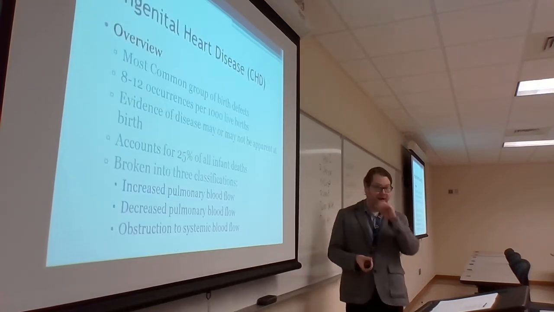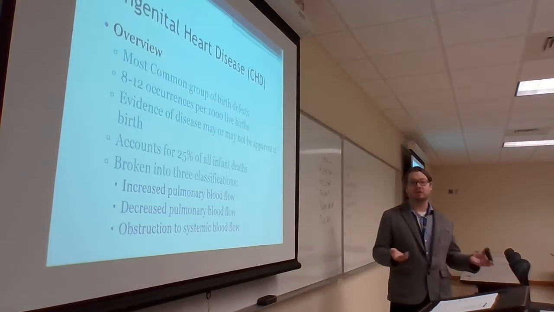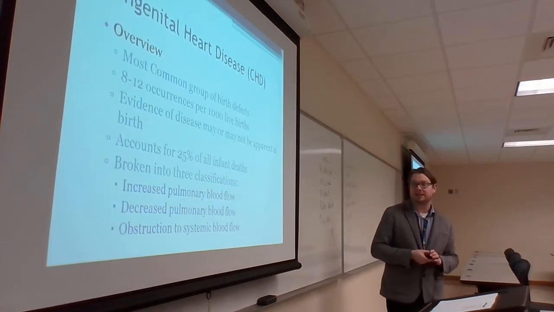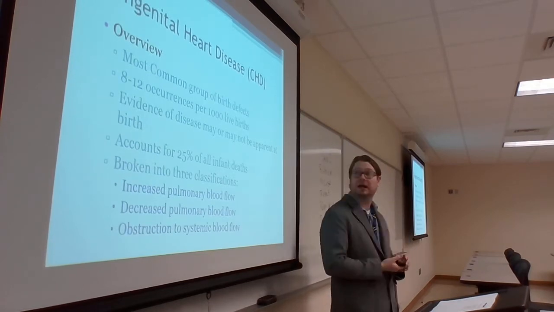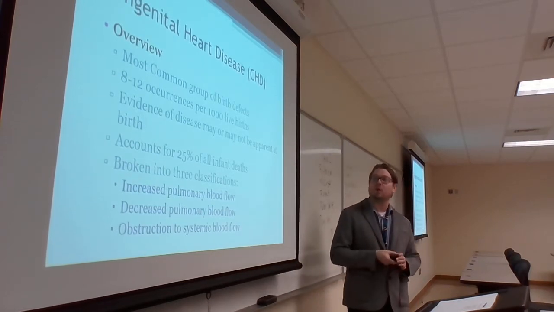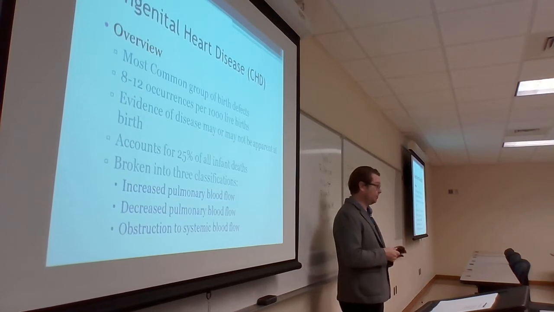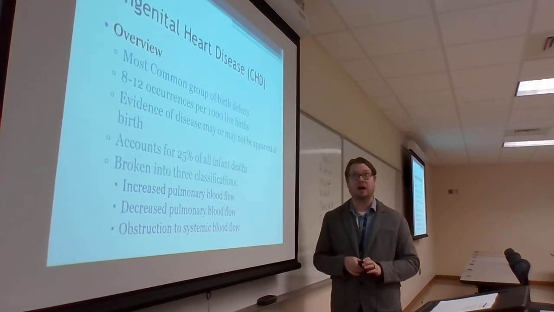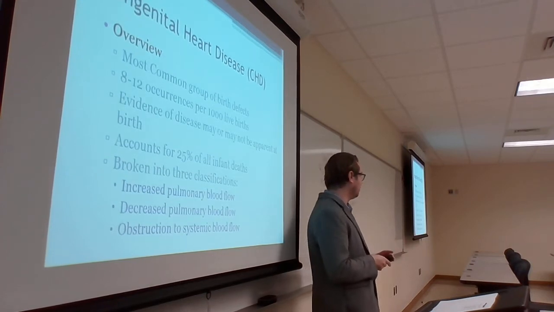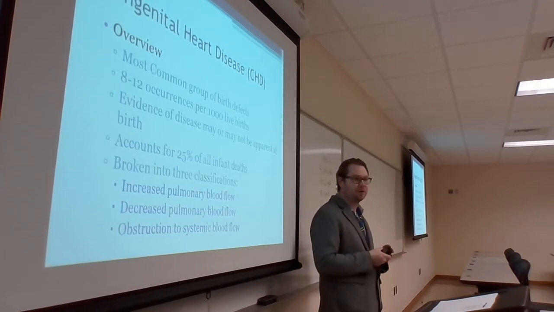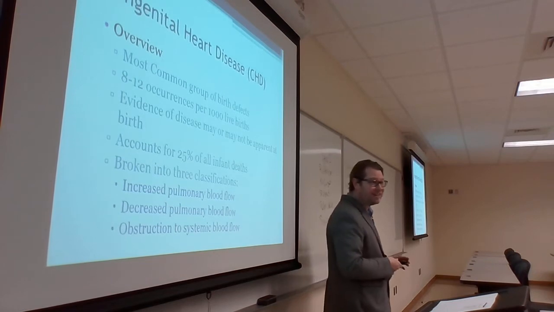Okay, so we're going to talk a lot about congenital heart disease. It's the most common group of birth defects, 8 to 12 occurrences per 1,000 live births, so super common, right? Evidence of disease may or may not be apparent at birth. During our lab day, we talked about an innocent murmur, right? Do you think an innocent murmur is always caught at birth? No, it's not always caught, right?